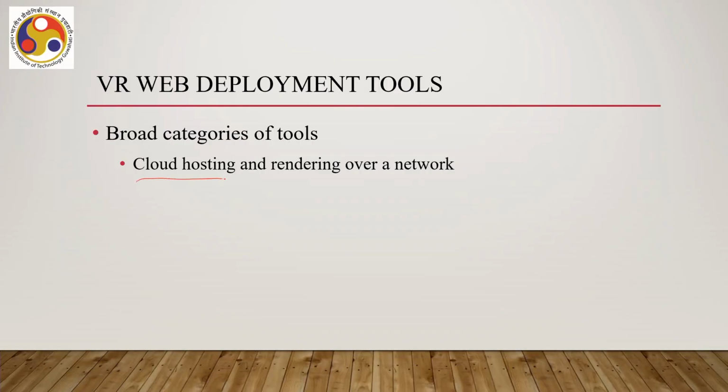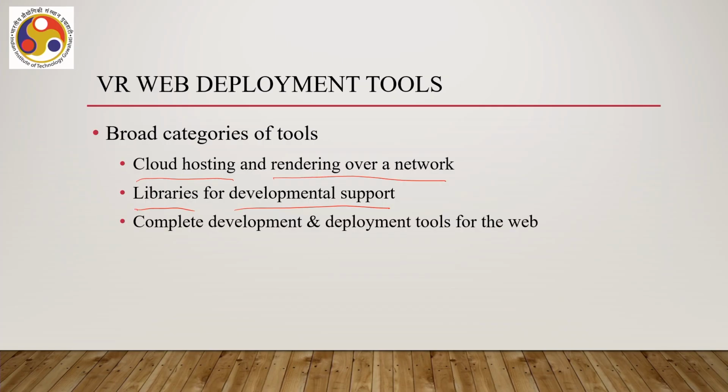For example, some tools are good for cloud hosting and rendering over a network. They only provide hosting and rendering support. Some tools are nothing but libraries for development support for deployment over the web. Then we can have tools for complete development and deployment of applications on the web.